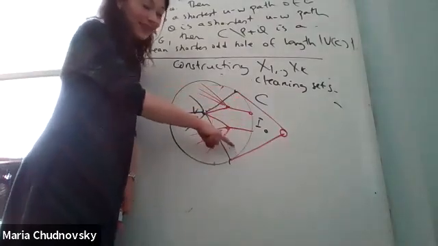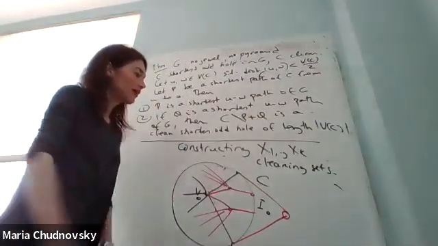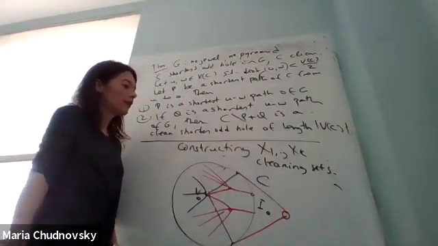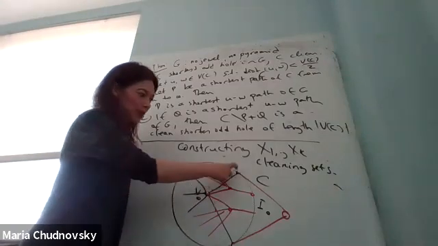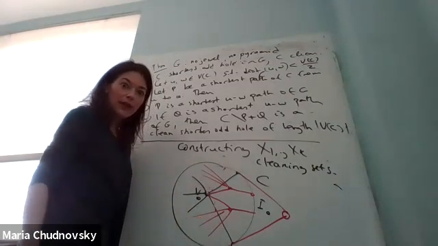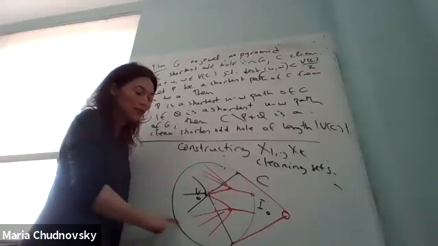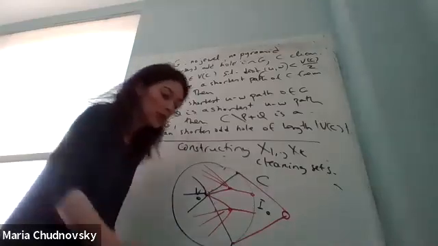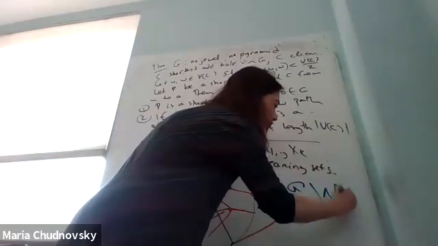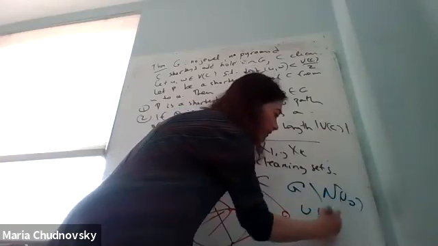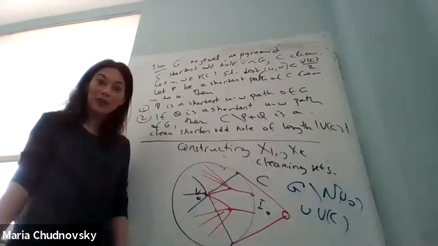Now, what is I0? Well, let's go back to the theorem that I so carefully wrote down. I0 is a shortest path between these two guys in some graph. And what graph? In the graph where I deleted all the neighbors of V0. So let's look at the graph G minus N of V0 union C. I can't find this graph, but I'm just going to apply the theorem.